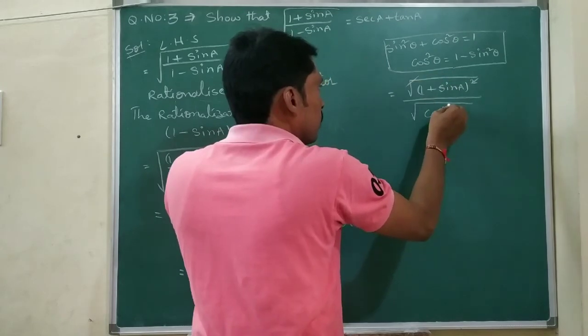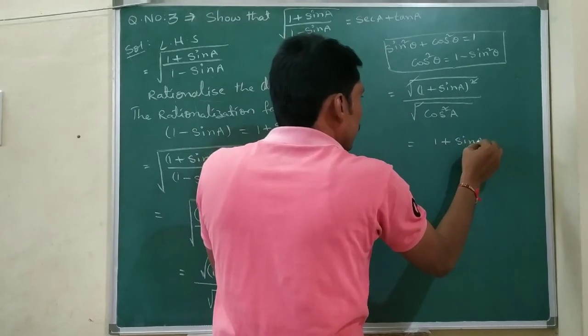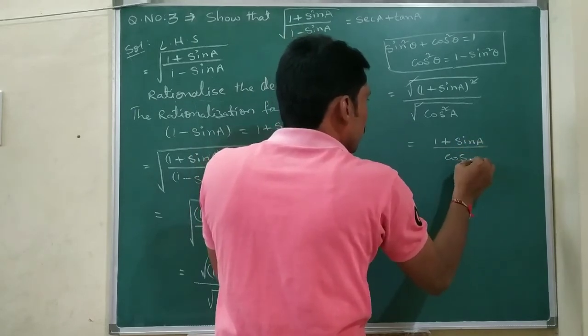Here the square root gets cancelled, so what is remaining? 1 plus sin A by cos A is remaining.